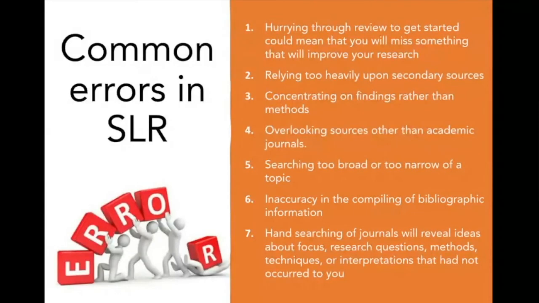Okay, this is important to tell you the common errors in systematic literature review. Usually the first one: hurrying through the review to get started could mean that you will miss something that will improve your research. When you do not have a reading strategy, when you just read through everything, you might miss something. Let's say you pick an article published in Nature, the most cited, the most popular, quality journal.